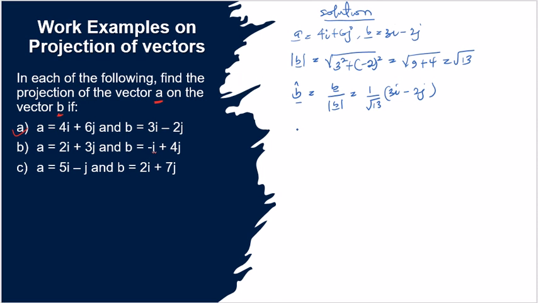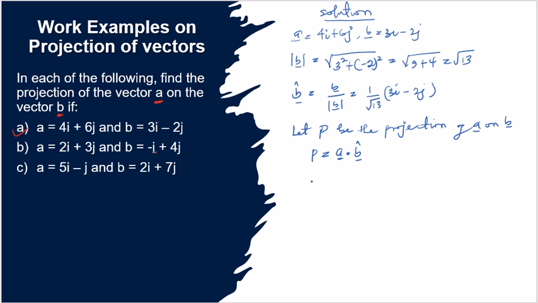Let p be the projection of A on B. So p is equal to A dot the unit vector of B. That's the projection of A on B.